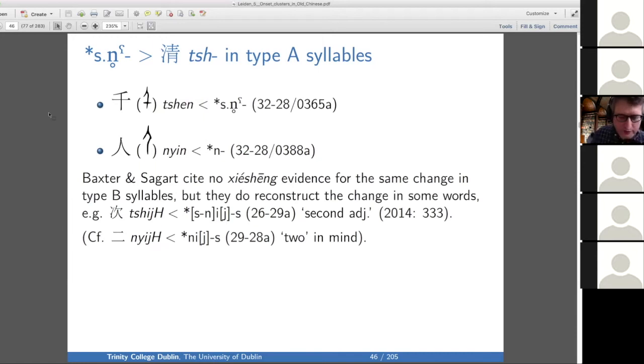And they don't cite Xiesheng evidence for the same change in type B syllables, but they do reconstruct the change in some words. In particular, this word twice, and they don't quite spell it out, but I think it's pretty clear that what they're thinking is that the word twice is related to the word two. So it's an etymological speculation, and this sound change would give you the machinery to link those two words.